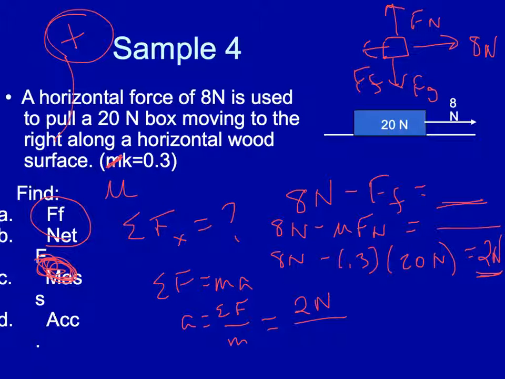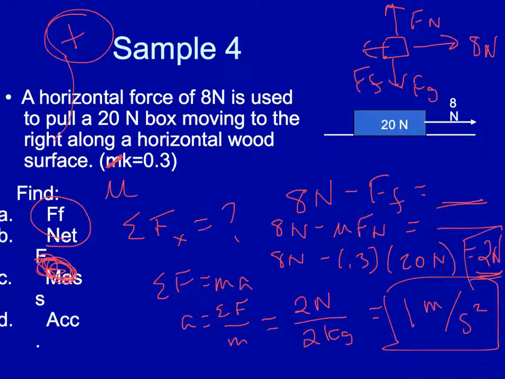Now here's where you need a little refresher. If the weight is 20 newtons, that means the mass is 2 kilograms. Remember, 2 kilograms times 10 meters per second squared would be 20 newtons. You can use 9.8 if you want, I don't care. So when you reduce that down, I get 1 meter per second squared. The math gods are happy. You've done both parts.